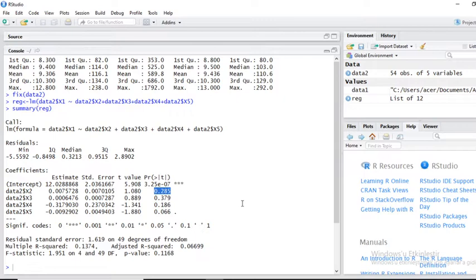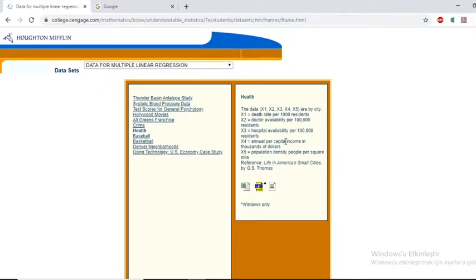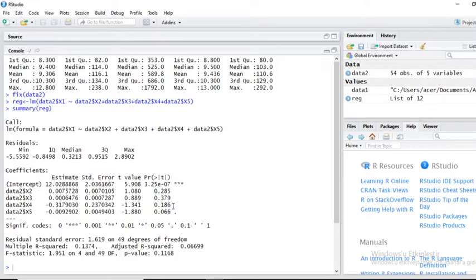So let's pass on to the next variable, income per capita. Income per capita is less insignificant, but still it's insignificant even at the 10% confidence level. So also the t value is less than 2.